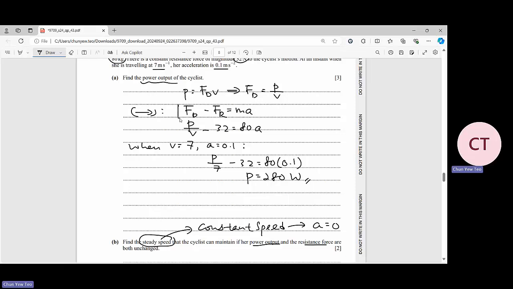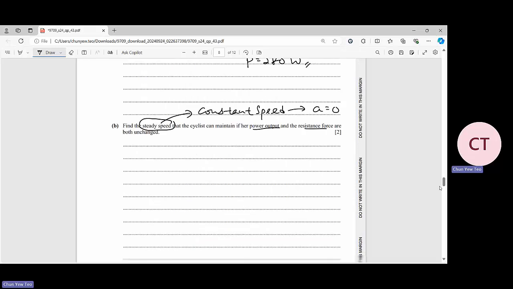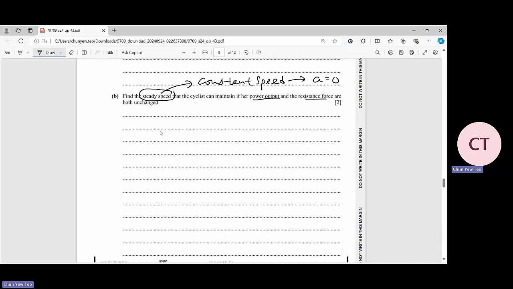We go back to this relationship again, but this time the acceleration will become 0. So I resolve the forces right now. Fd minus Fr equal to 0 because of steady speed. So your Fd is equal to Fr.